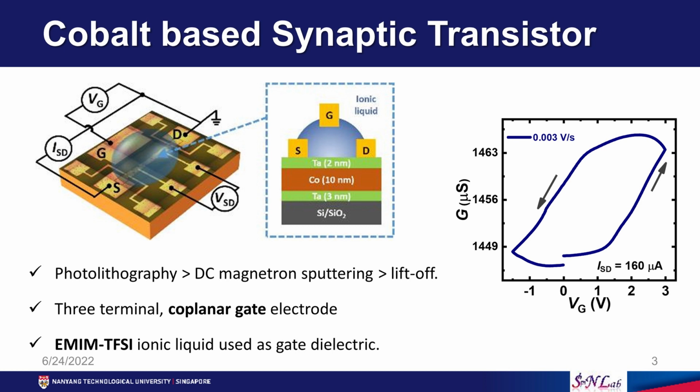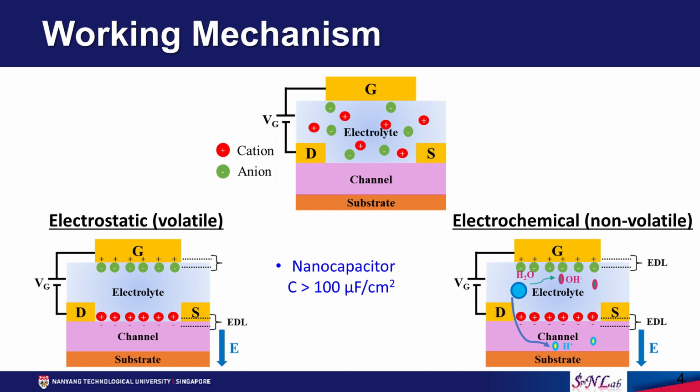After the device fabrication, first we measured the transfer curve, and we got a hysteretic behavior. The hysteretic behavior says that the conductance modulation is non-volatile as well as reversible. These two features, non-volatility and reversibility, are a signature that this cobalt-based synaptic transistor can be used for mimicking synaptic functionalities.